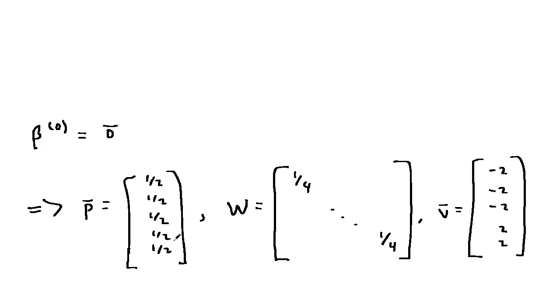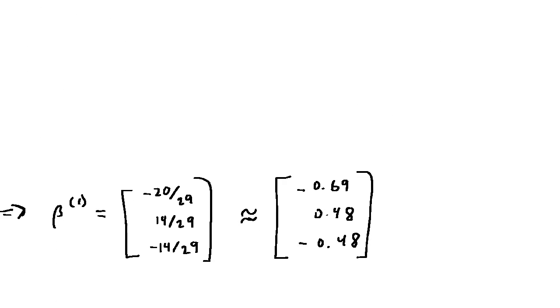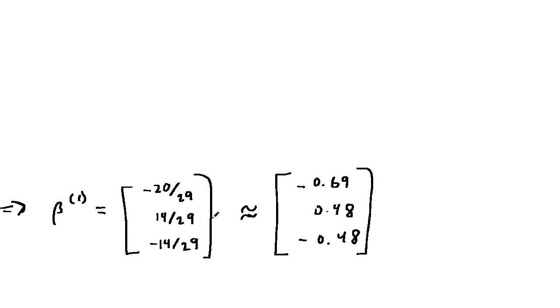Then p is given by this, w is this diagonal matrix, and v, if we solve for v, we'll get this. Now, using all of this, we can solve for beta 1. So beta 1 is given by this, which is approximately negative 0.69, 0.48, negative 0.48.